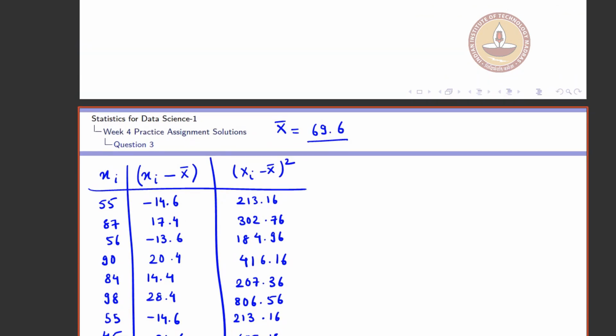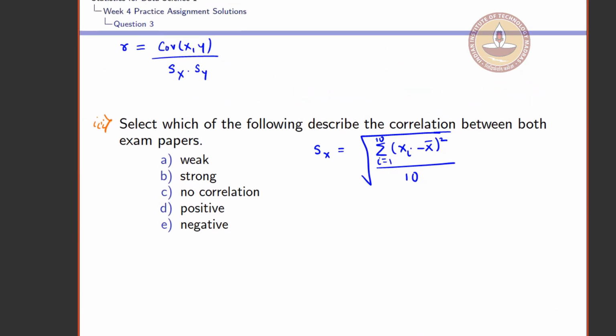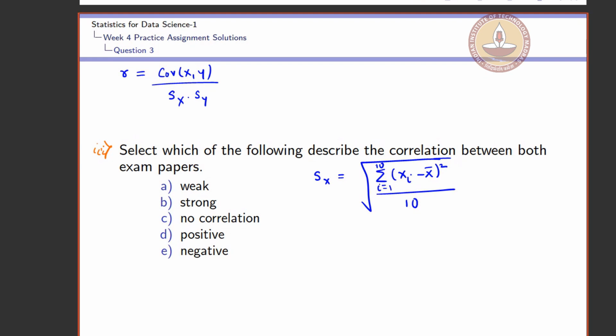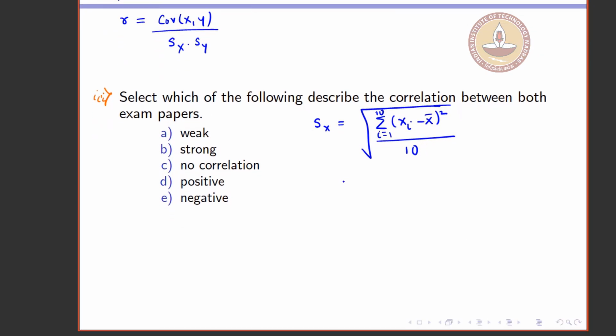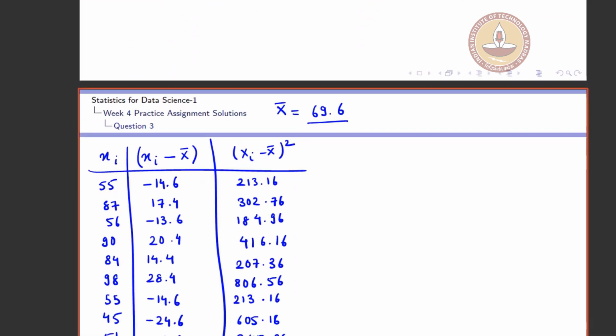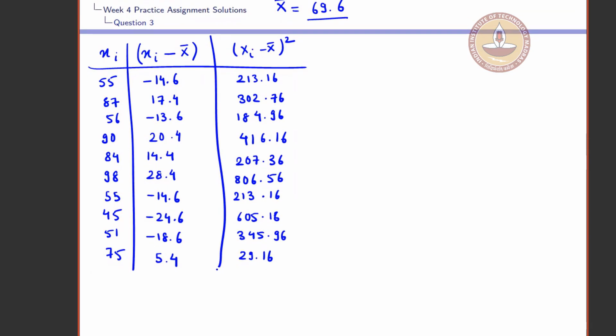Now let's calculate the standard deviation of statistics exam scores. Now we need to add up all those square deviations in order to find out the standard deviation. So let's add up all these scores. If you add all those numbers, you will get 3324.4.